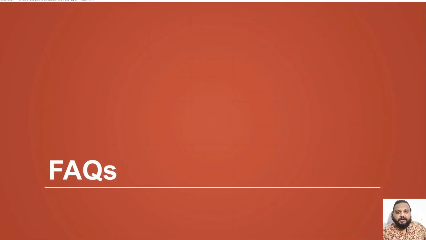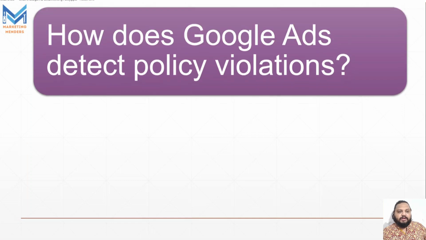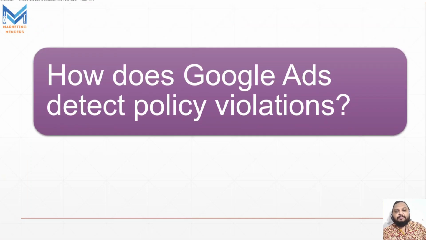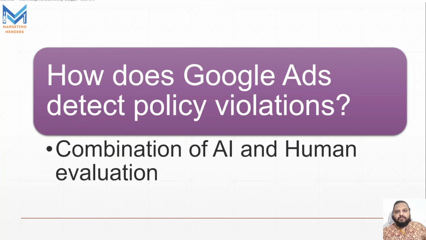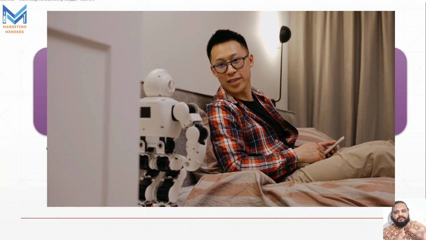Now some important questions come up from various advertisers about this suspension. Number one, how does Google Ads detect policy violation? So guys, when you create a Google Ads account, create your campaign, and publish the campaign, the moment you publish it, your campaign will go for a review.